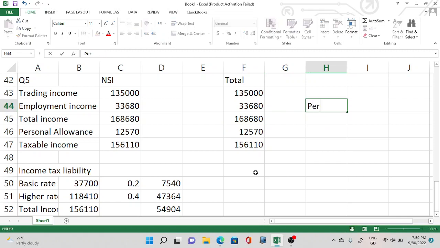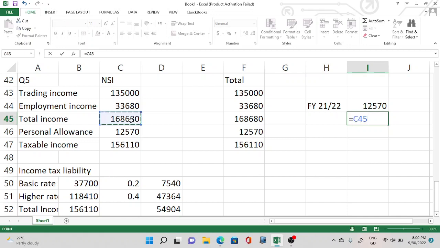The personal allowance as per fiscal year 21-22 is 12,570. The reduction formula, what was that? That was your total income minus 100,000, in brackets, times 0.5.